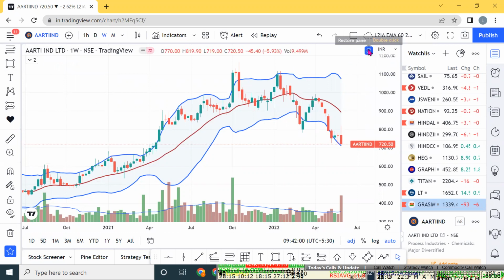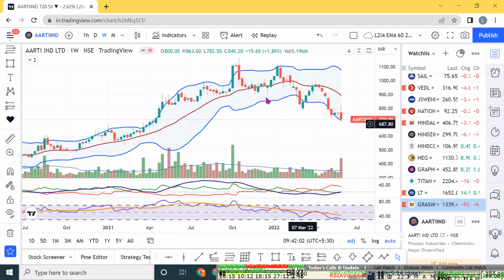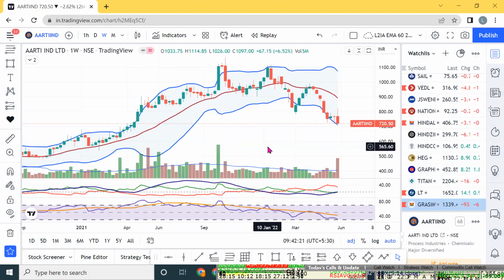The stock is actually in a downward trend. The ADX, the negative trend is slightly decreasing, but still it is negative. The RSI is way below the 50% level. So the stock is likely to go down further.